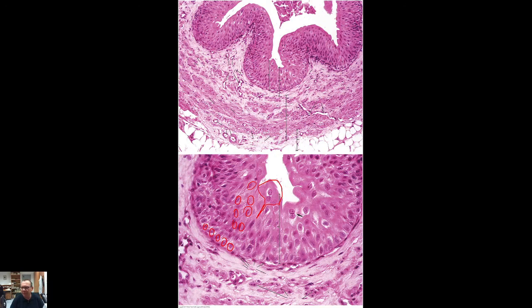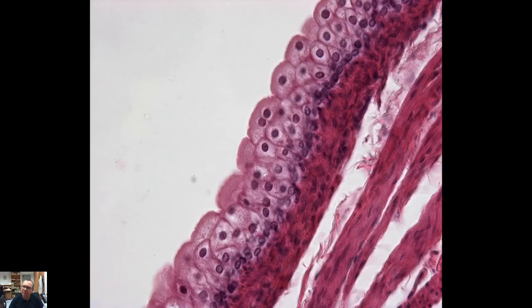The shape and arrangement of cells isn't the only special feature of transitional epithelium. They have very specialized apical plasma membrane. Plasma membrane on this apical surface of umbrella cells is very thick. It's the first thing. It is very thick. It is almost impermeable.